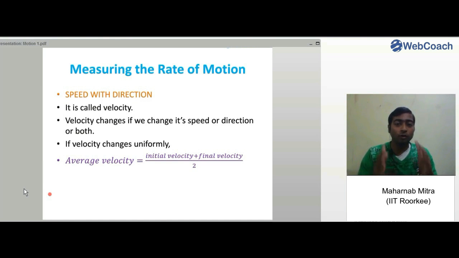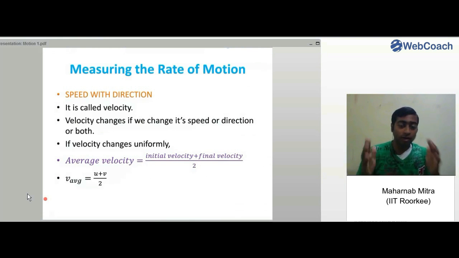You can see this formula is completely different from the formula for average speed. This is because it associates along with it direction, right? For average velocity, remember this formula: it is initial velocity plus final velocity divided by 2, or their arithmetic mean.